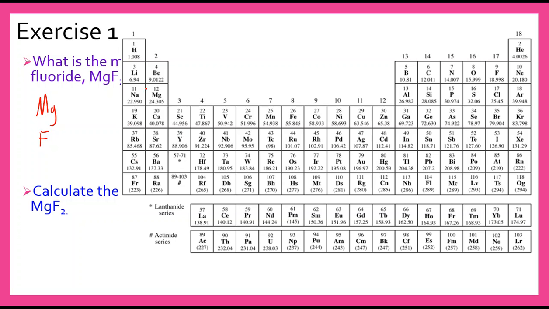Okay, so if I find magnesium, looking here, 24.305, I'm going to make that 24.31, rounding to 2 decimal places. If I look over here at fluorine, what do I round that one to?